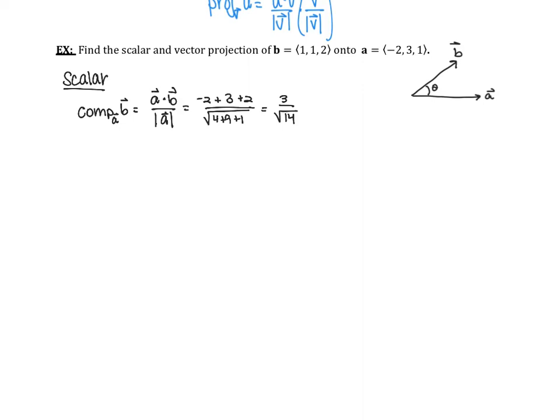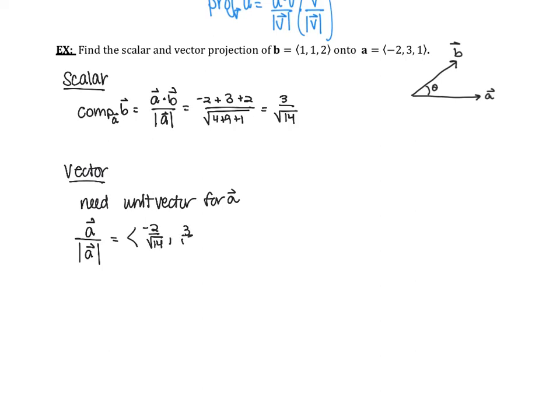Now my vector projection. My vector projection is basically saying send your scalar projection in the direction of A. So what I need first is a unit vector for A. To do that, I take vector A and divide it by the magnitude of A. We've already found the magnitude of A, so my unit vector is -2 over root 14, 3 over root 14, and 1 over root 14.